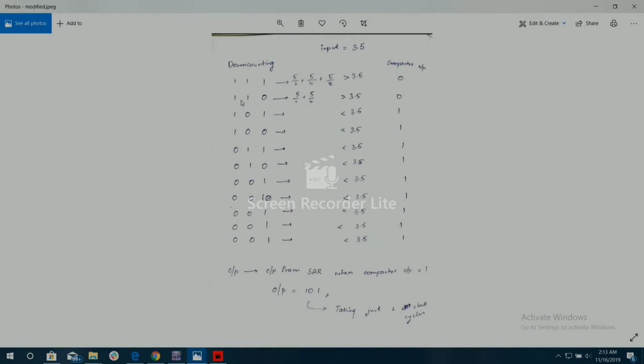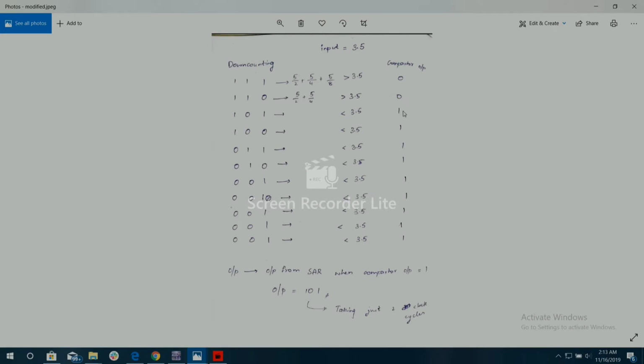In the next state of the counter, the output from the DAC is still greater than 3.5, so the comparator output is again 0. And in the next clock cycle we got the comparator output as 1.